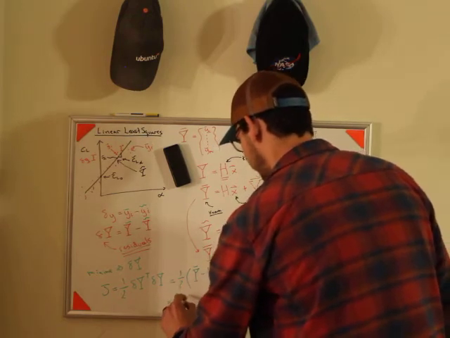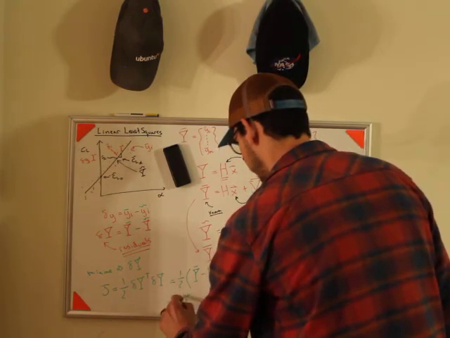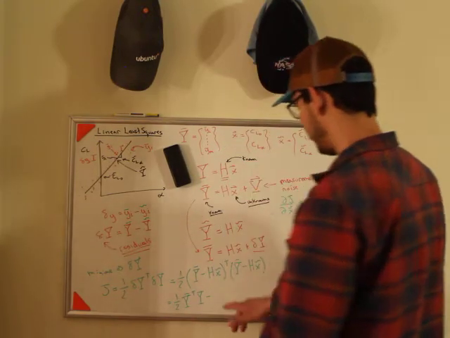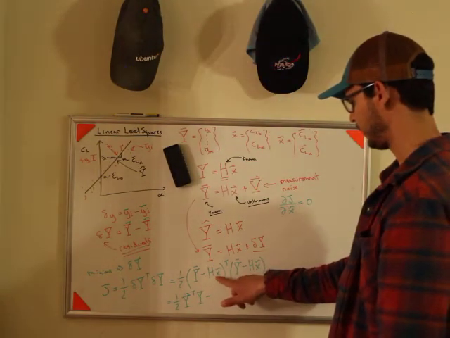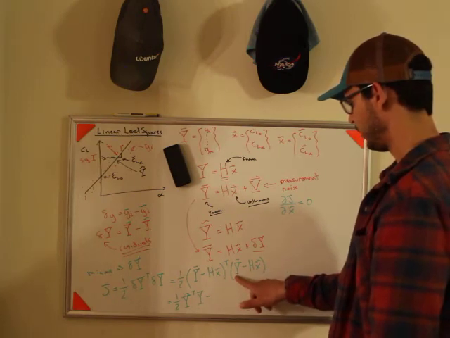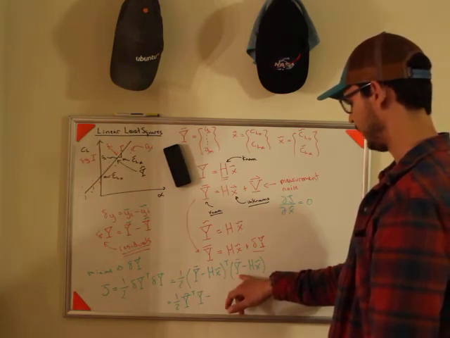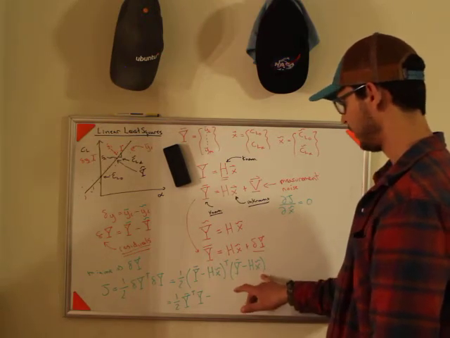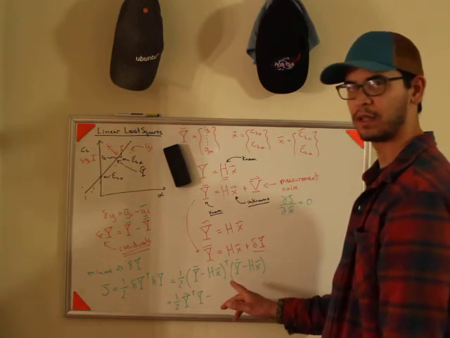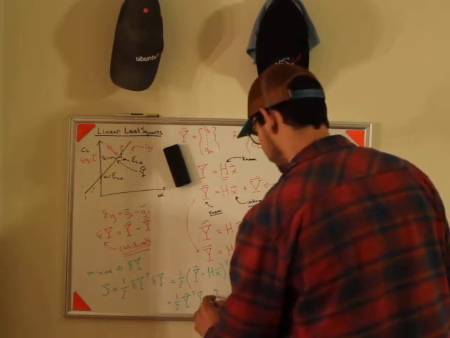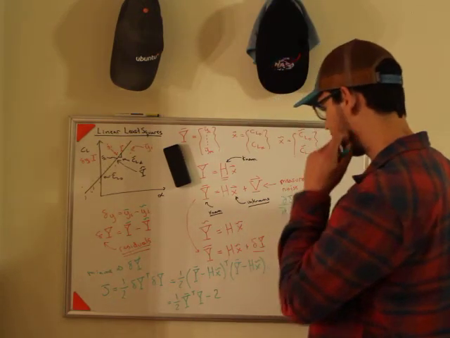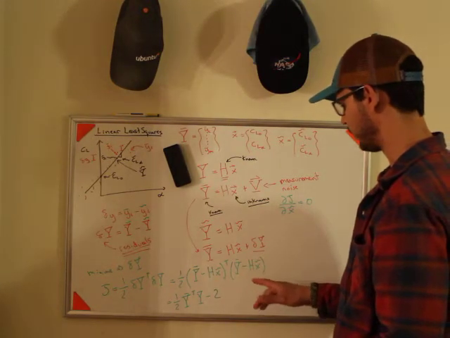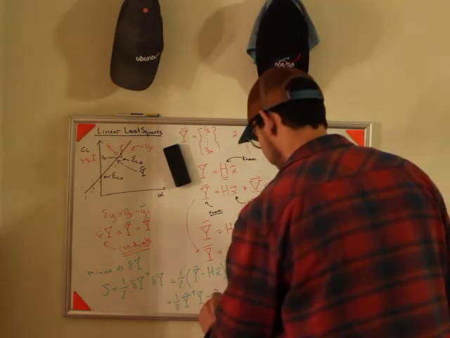If I carry this out, I'm going to get 1/2 Y bar transpose Y bar minus, and you'll notice you're going to get an X H Y minus a Y H X, but all of these things are symmetric, and so really you're going to get 2 of these. Now you need to make sure you have the right order when you take the transpose.